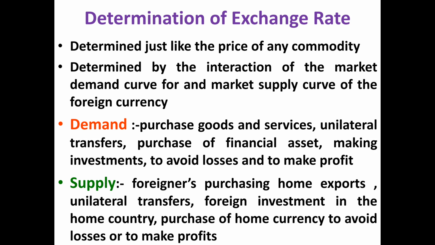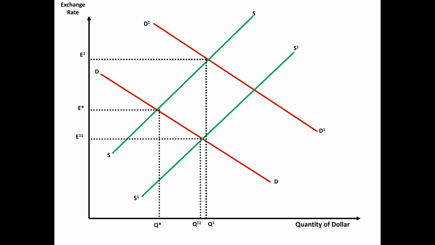Now, it's simply a downward sloping demand curve and an upward sloping supply curve, and this figure represents the determination of exchange rate from an Indian perspective. That means we are considering the exchange rate between the Indian rupee and the US dollar. In the horizontal axis, we measure the quantity of dollars.